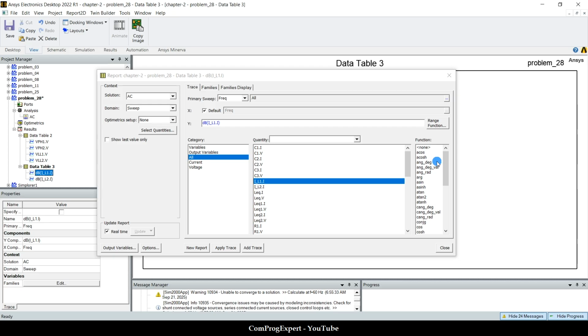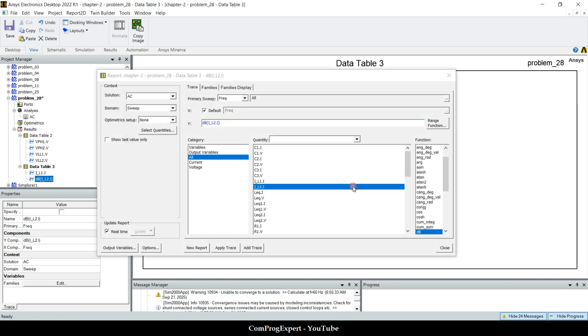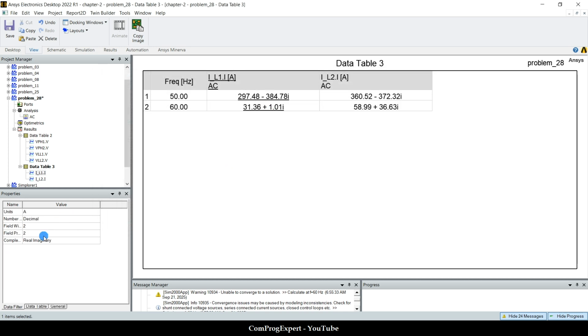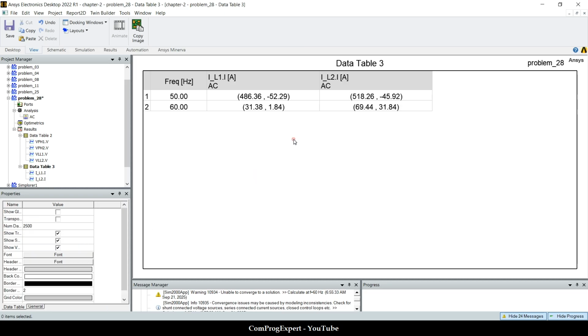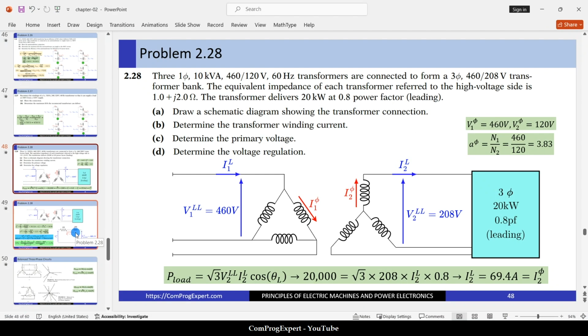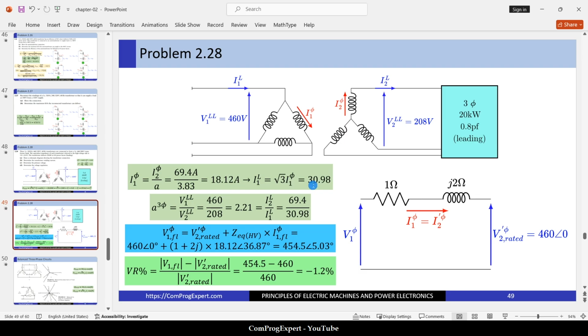We just need to show the value for the L1 and L2. So let's display it in magnitude and angle. 69.44, 38.3, excuse me, 31.3. Here, what was the number? 31 for the line current.